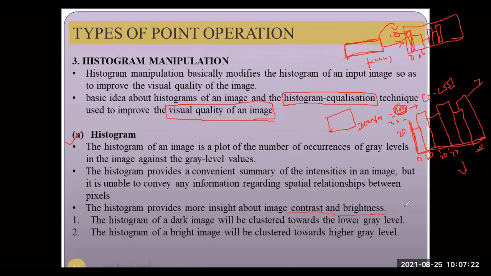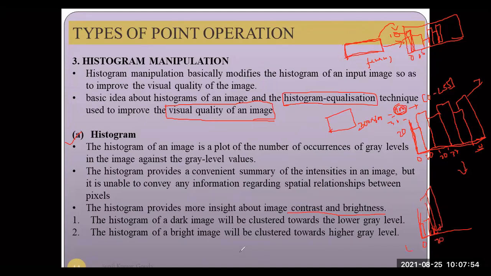If the image has low contrast and low brightness, it is a very dark image, and all the pixels will be clustered towards the low gray level, that means towards zero. The pixels with low gray level, that means 0 to around 20 or 30, will be clustered in larger numbers.